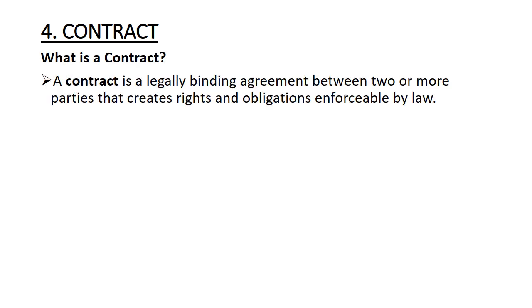So what is a contract? A contract is a legally binding agreement between two or more parties that creates rights and obligations enforceable by law. Okay, so keywords: legally binding agreement. Okay, so what it means is the two or more parties that are going to be involved in that contract are going to be bound by law, meaning that if one tries to break away from that contract, they can be taken to court.